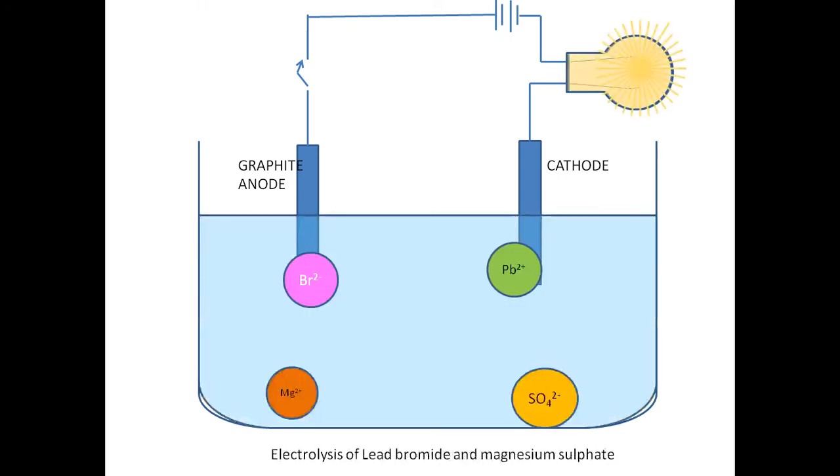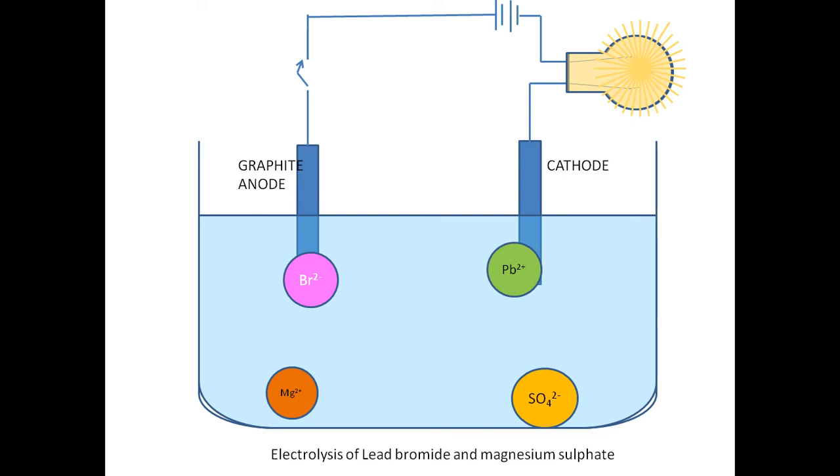Hence, we can say that from 4 ions, only 2 will migrate respectively towards anode and cathode. The thing to be remembered here is we will use electrochemical series if the concentration is not given and we don't know which compound has more concentration.